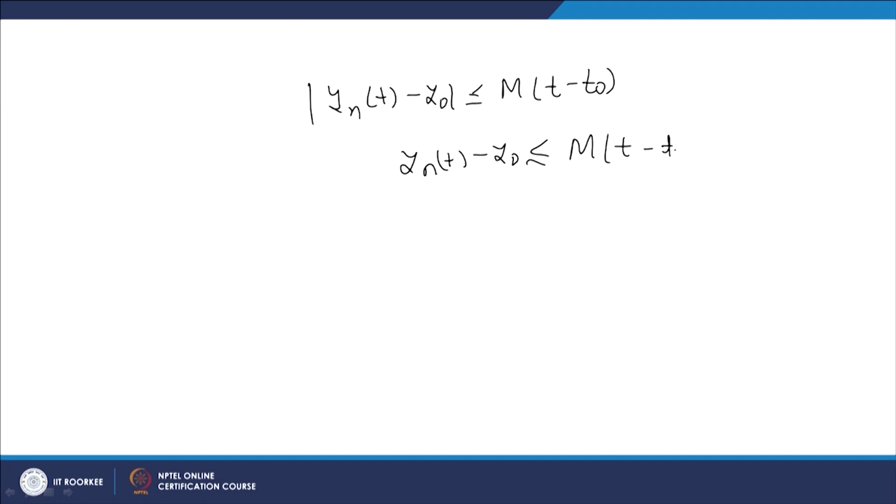Here modulus of y(t) minus y_0 is less than or equal to M(t minus t_0). So, we can write y(t) minus y_0 less than or equal to M(t minus t_0) and greater than or equal to minus M(t minus t_0), and you can put y_0 here.